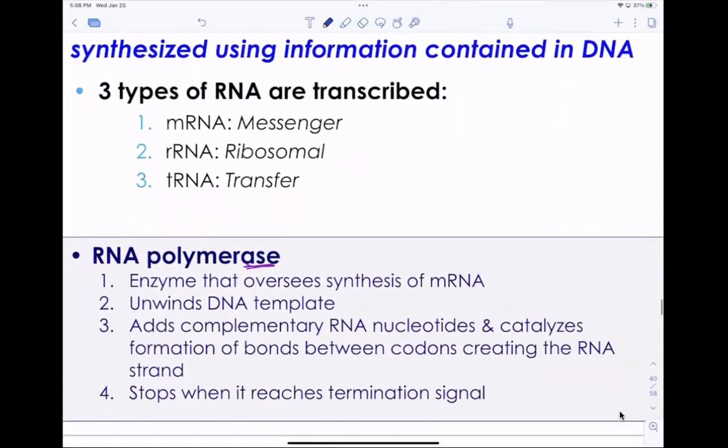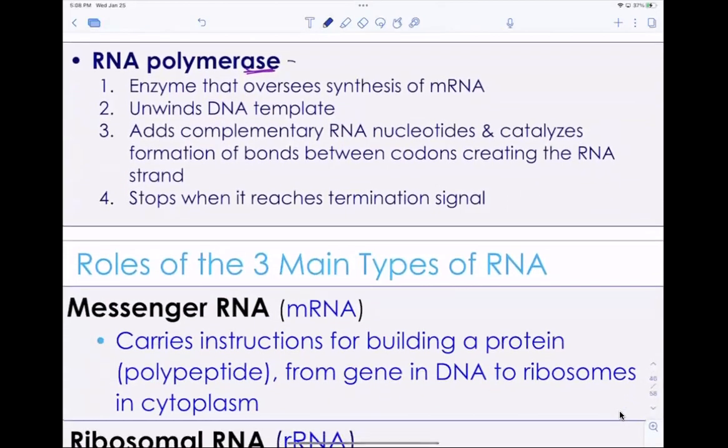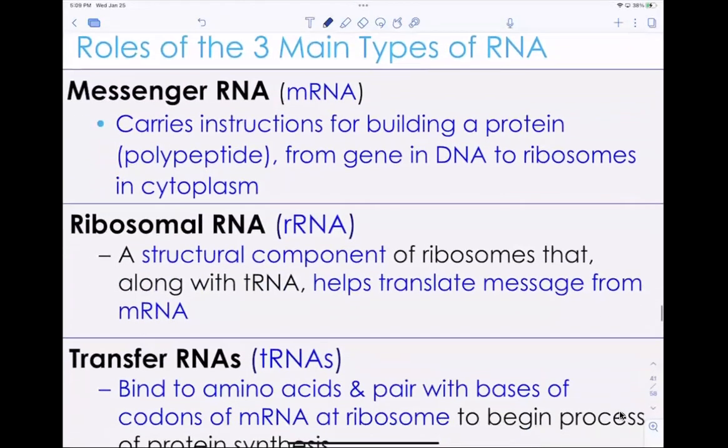There are 3 types of RNA transcribed, and RNA polymerase is the enzyme that oversees the synthesis of messenger RNA off a gene on DNA. It helps unwind the DNA template, and it helps add the codons to form the messenger RNA. And then it releases when it reaches the termination and forms the messenger RNA.